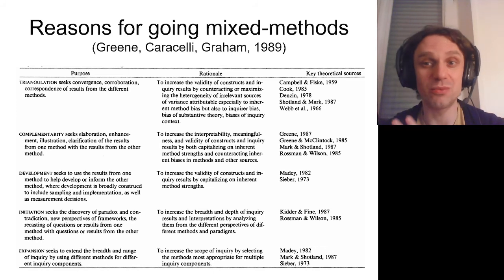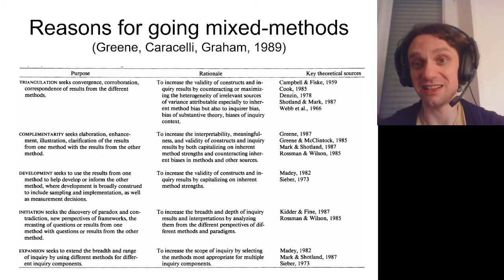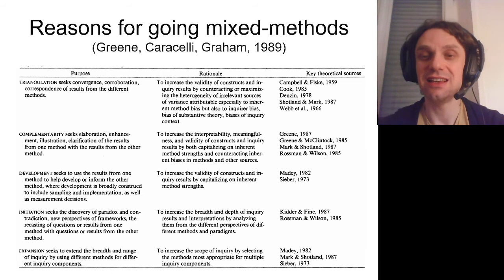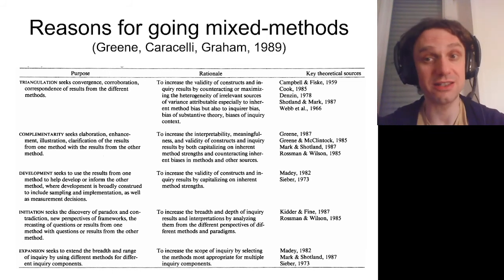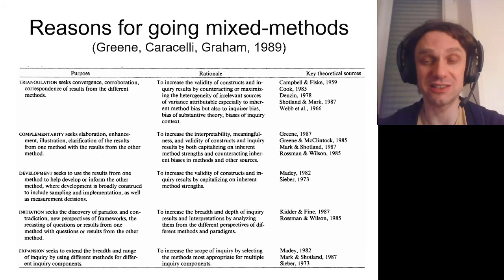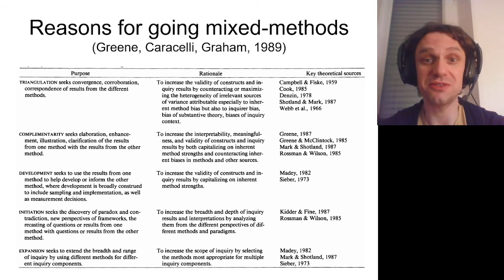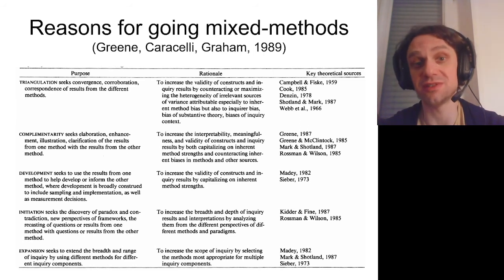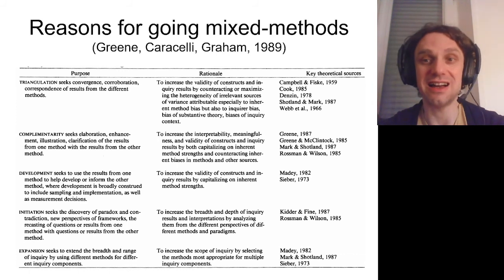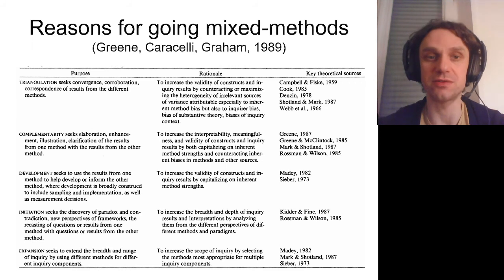For example, we can collect some data using quantitative methodology and then see if it aligns well with the findings of a qualitative study. Because essentially, if we come up with similar conclusions based on different kinds of data coming potentially from different kinds of sources, we can be more confident in the validity of our findings.